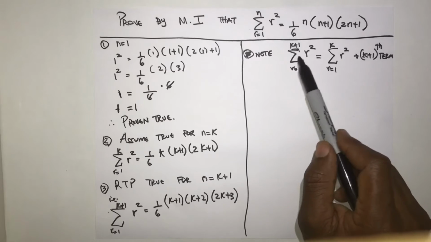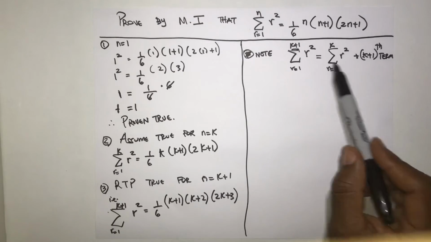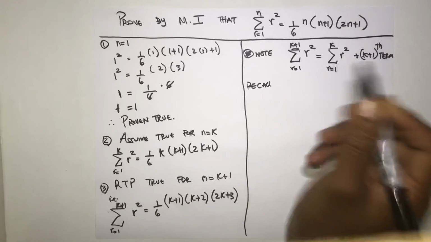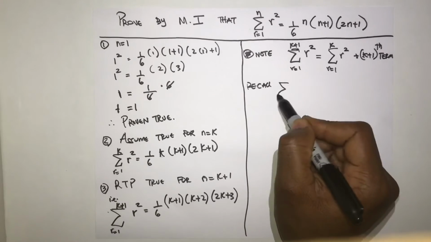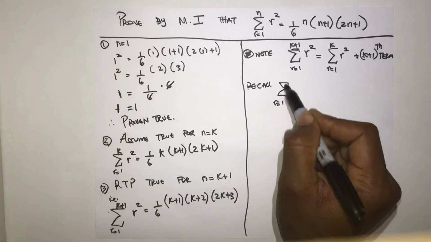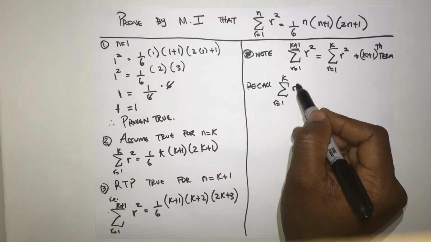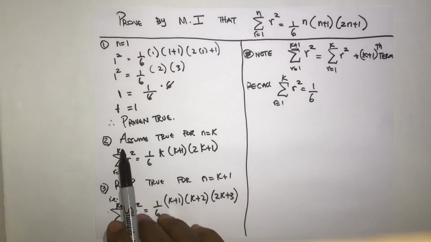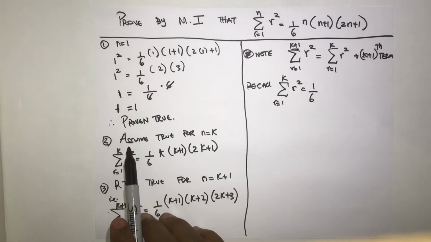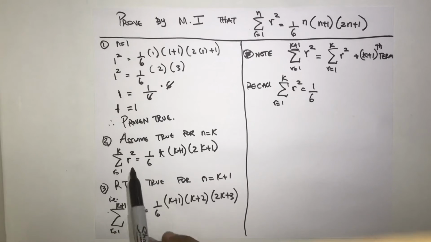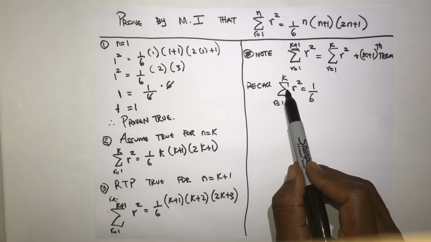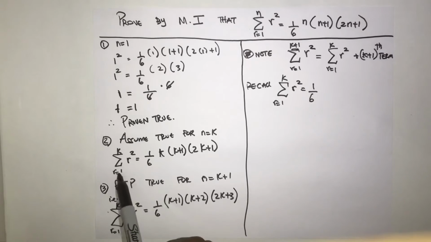Good. Now, once you do that, we're going to work this question. You should recall that the sum of r equals 1 to k of r squared is equal to what? 1/6. This is where step 2 comes in, because you're using it to prove n equals k plus 1.